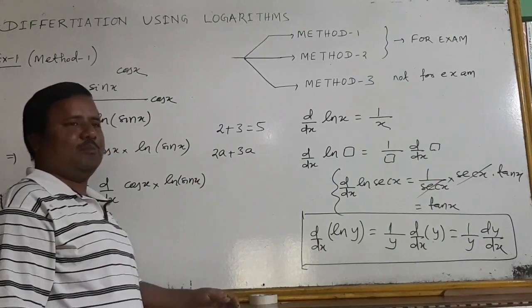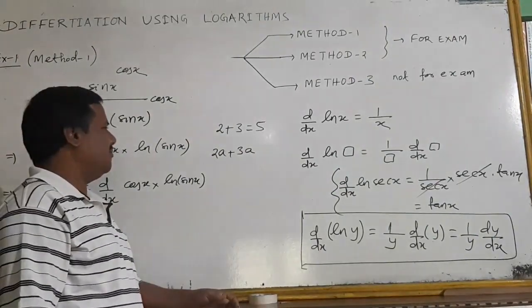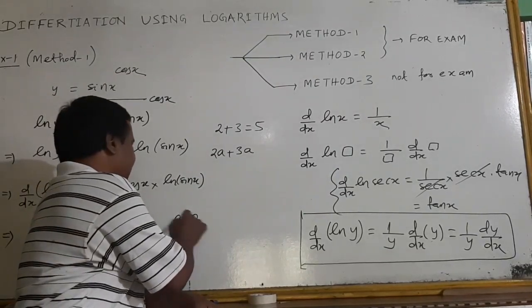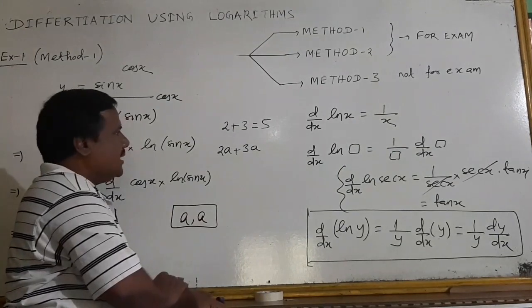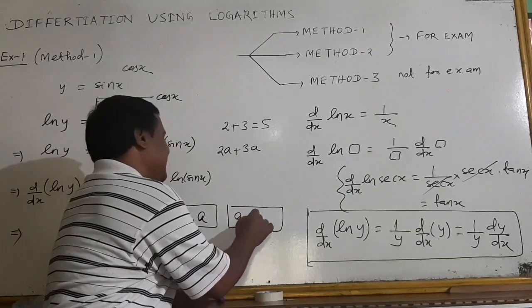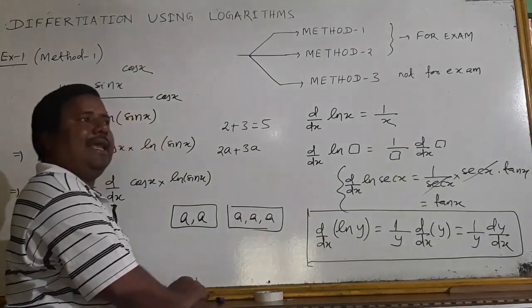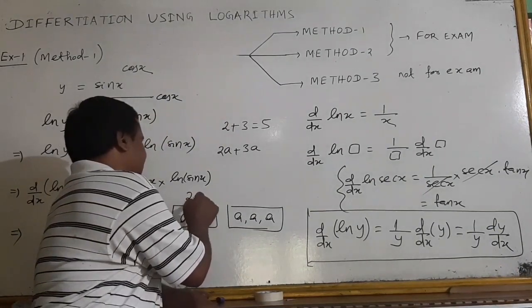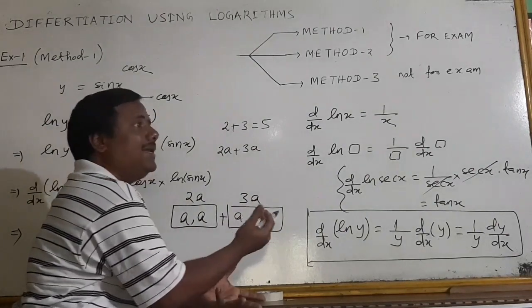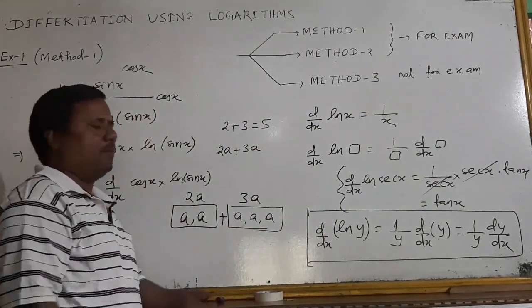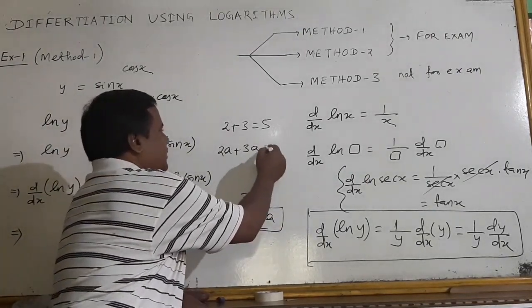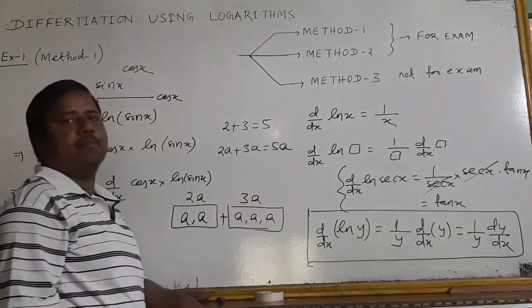Now letters are coming. I told sir I don't understand it. Then sir asked, how many a's are here? I told sir 2 a's. Then how many here? 3 a's. Okay, now write it as 2a and 3a, then add. Think of a as an apple. 2 apples and 3 apples become 5 apples, or 5a.